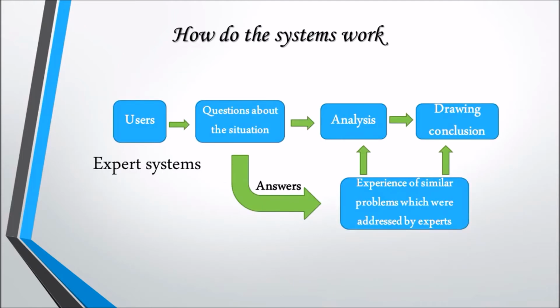So how do the two systems work? There are diagrams which illustrate how they work. As for the expert system, the user will be answering several questions about the situation of the problem, and the answers go to the research system, which provides information to the analyzing and concluding process, through which users are able to see how experts will handle the problem.